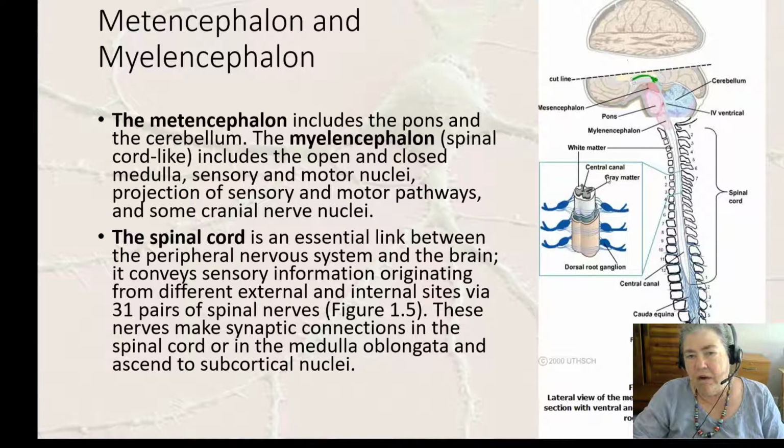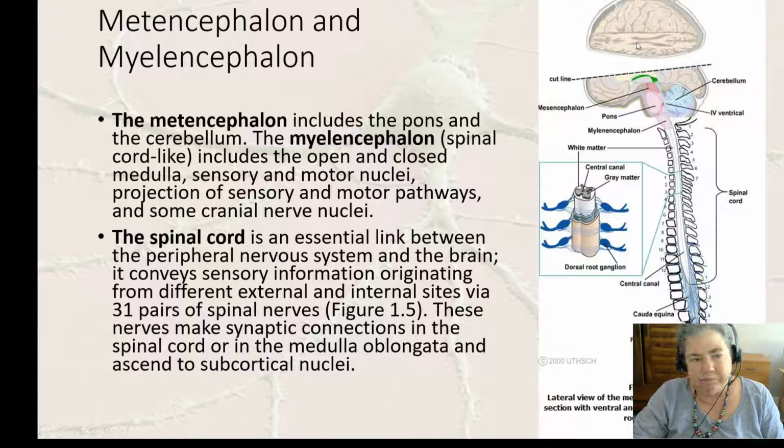The gray matter cell bodies that are involved in movement primarily, but also sensory neurons, are in the gray matter in the central part of the spinal cord. And then there's a central canal, which is continuous with the fourth ventricle and the ventricular system, in which cerebrospinal fluid is generated and flows inside the brain and around the brain.